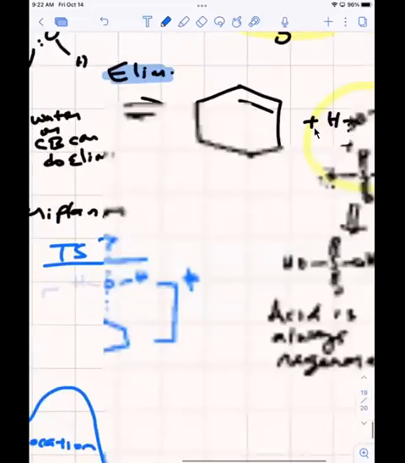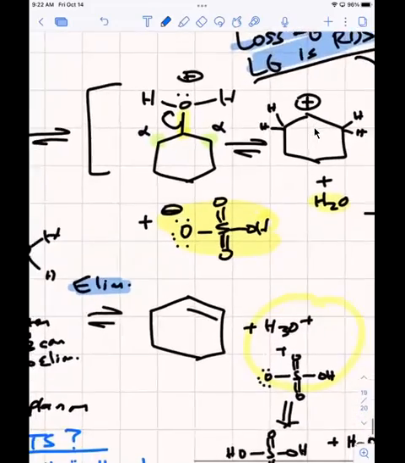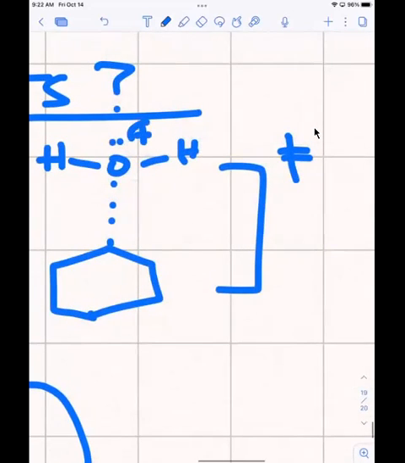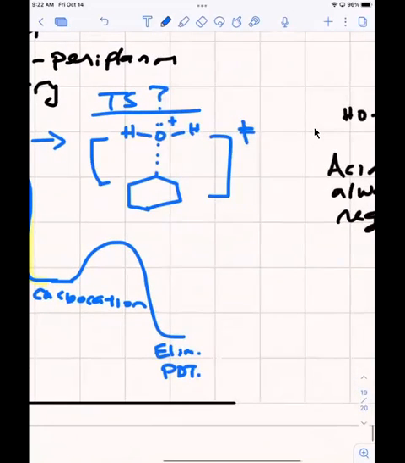I should have put a plus. So this has a plus charge on it. Yes, it's just like the SN1. Everything up to the elimination step is identical to SN1, even the transition state, which is just a partially broken bond between the leaving group and the substrate.